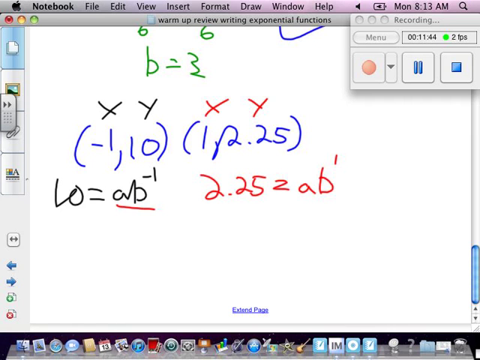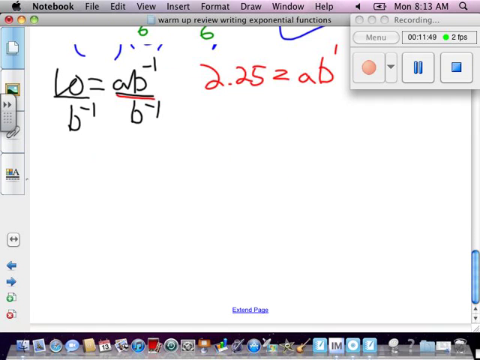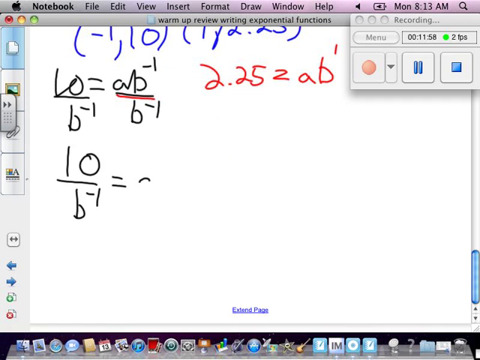I'm going to divide by B to the -1. What's wrong, guys? Yep. 10 over B to the -1 equals A. Divide by B to the first.